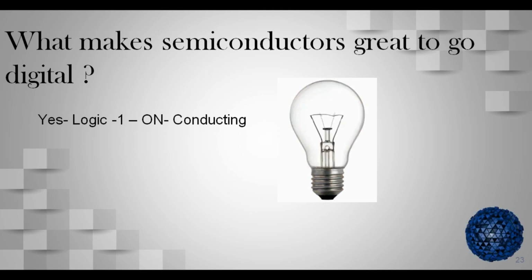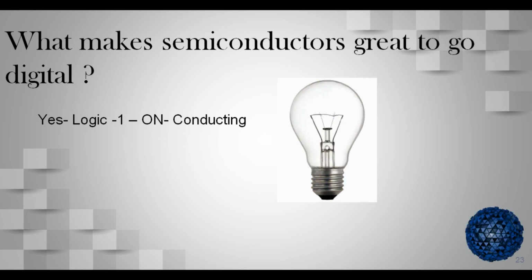In a digital system, the entire communication is done in terms of zeros and ones. We don't have any lengthy analog signal in a digital system. So, if I want to say my logic is 1, then I say it's yes or it's on. If anything is on, that means it's conducting. So, whenever I say my semiconductor is on or conducting, that means the logic is 1.